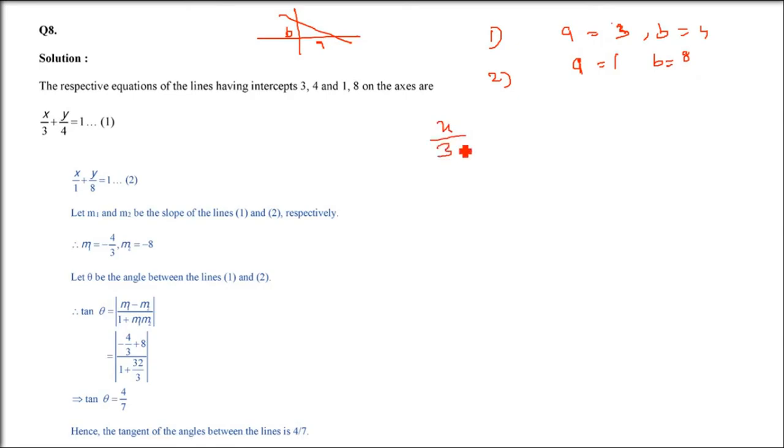So what is the line here? x by 3 plus y by 4 equals 1. And the second equation will be x by 1 plus y by 8 equals 1.